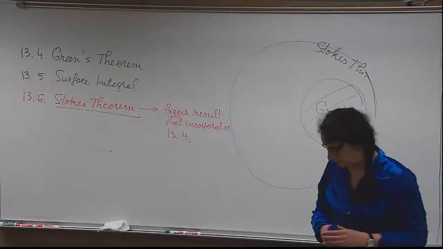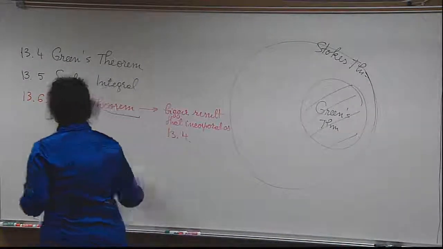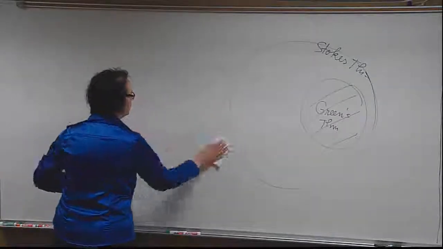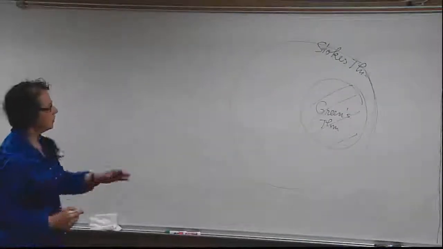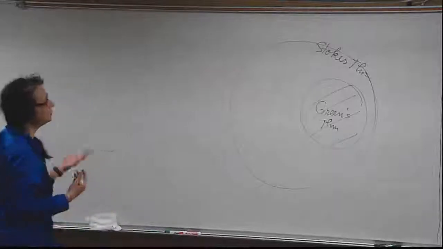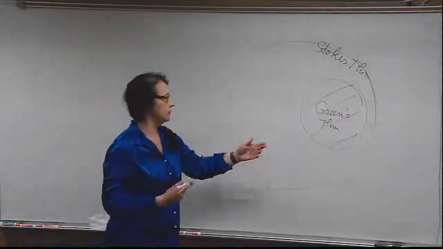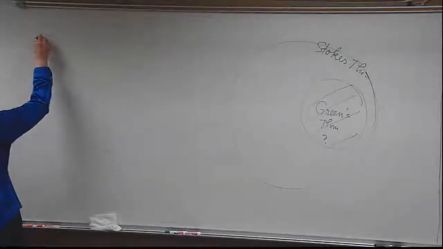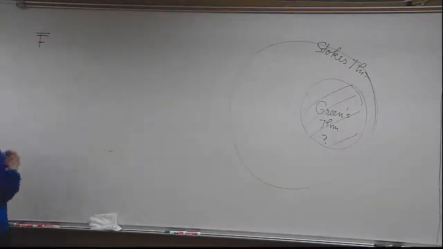Okay, and let's see what this theorem is about. I'm going to state it as first Stokes' theorem, and then I will see why Green's theorem is a particular case. We don't know yet why that is. Well, assume you have a force field. May the force be with you.